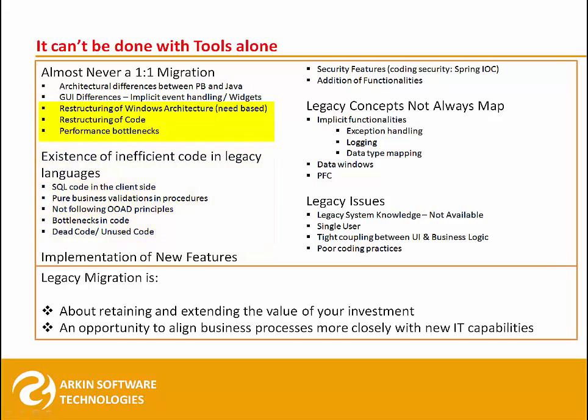Likewise, refactoring to suit a chosen architecture and expected performance metrics will also necessitate efforts from skilled migration experts. On top of it, legacy concepts do not map properly to migrated code, as incorporation of exception handling and logging frameworks would require manual intervention too. These are samples from a set of activities associated with the refactoring exercise.